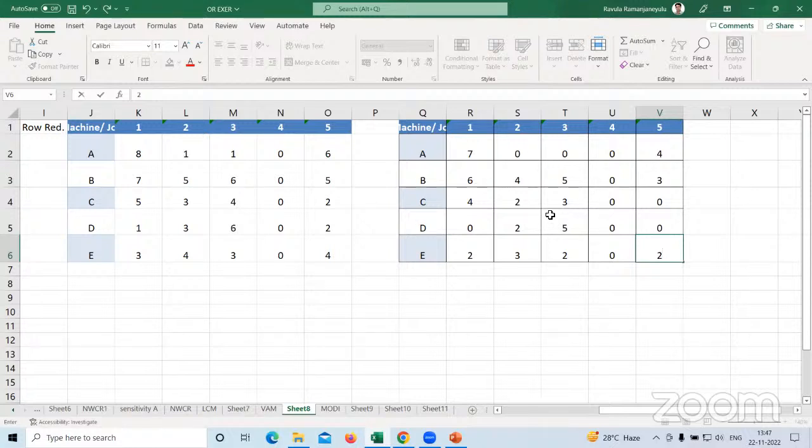This is actually the matrix which we got. Row reduction and column reduction are done. We need to assign it now. Can you do it?